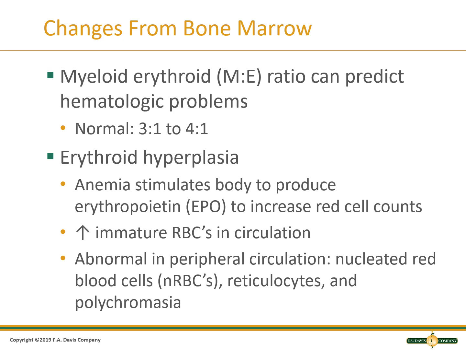It's abnormal to see these immature red blood cells in the peripheral circulation, and you may also see more immature nucleated red blood cells, reticulocytes, and even polychromasia, which we'll talk about more later, where there is a variation in the color of the red blood cell.